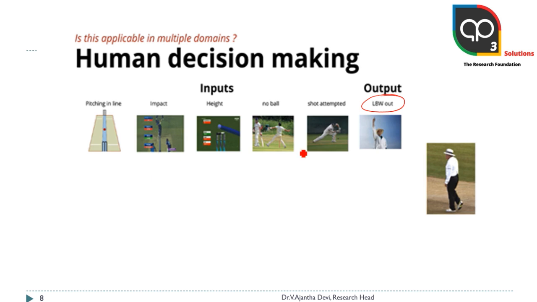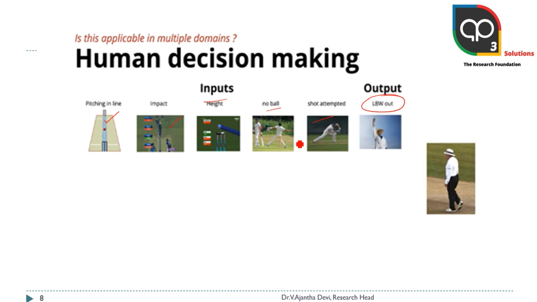Now this again depends on various factors. It depends on whether the ball was pitching in line, whether the impact was in line, what was the height of the delivery at the time, whether the bowler had bowled a legal delivery or a no ball, whether the batsman was attempting a shot, and so on.